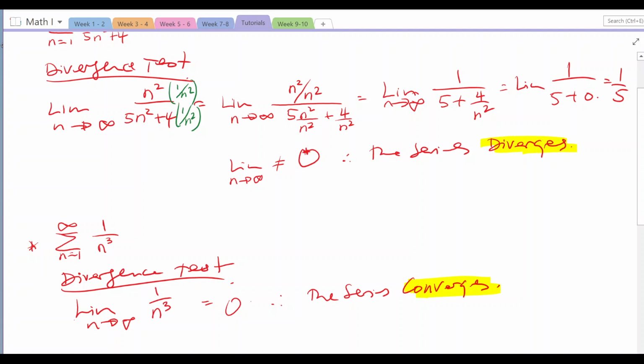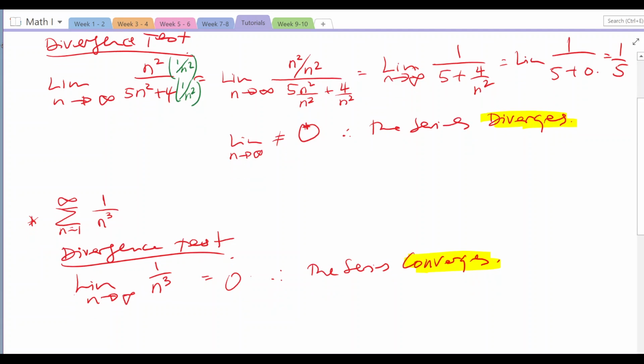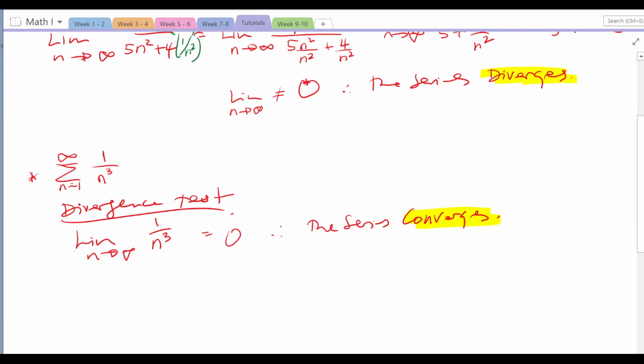You can also use the ratio test, and you will get the same thing. You will see that the limit will become less than 1. So that's the divergent test, in this case equal to 0.